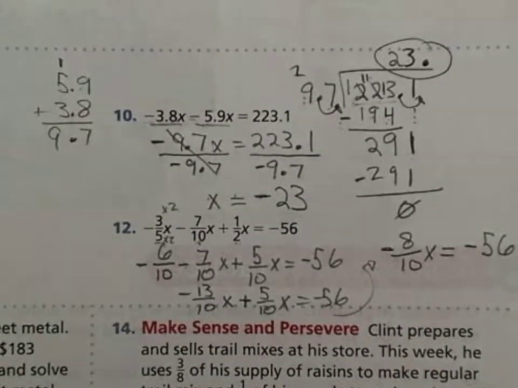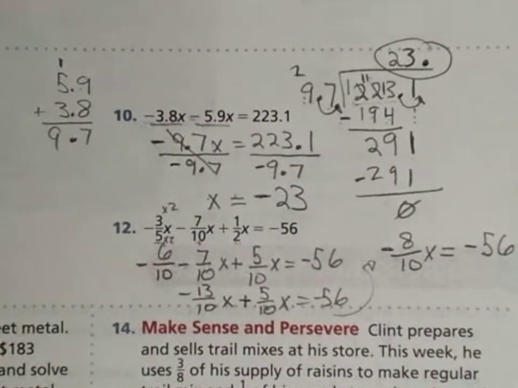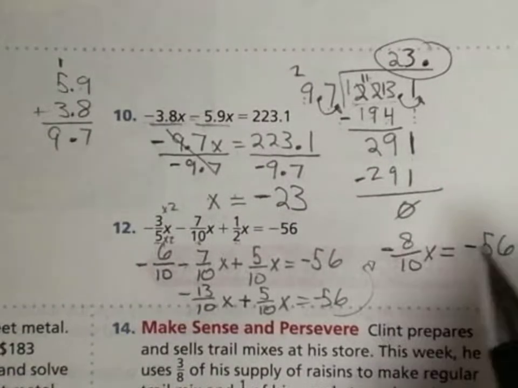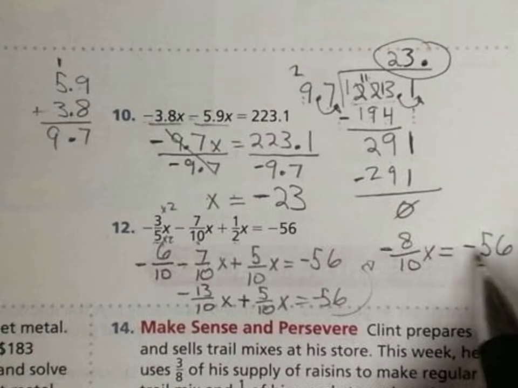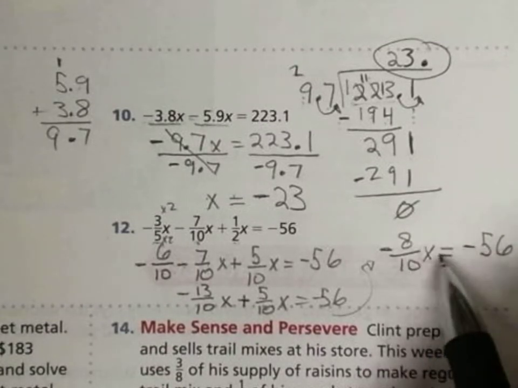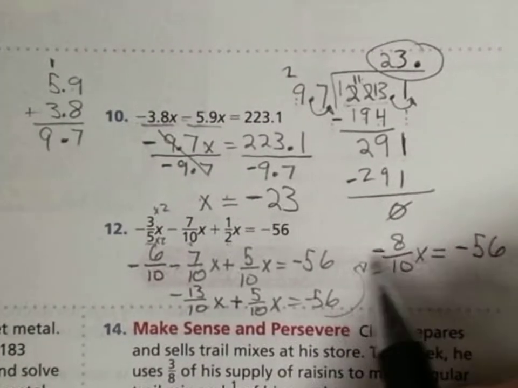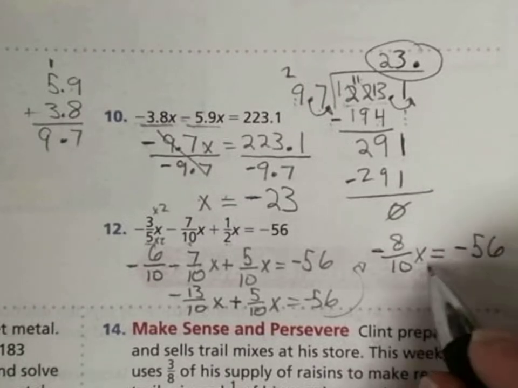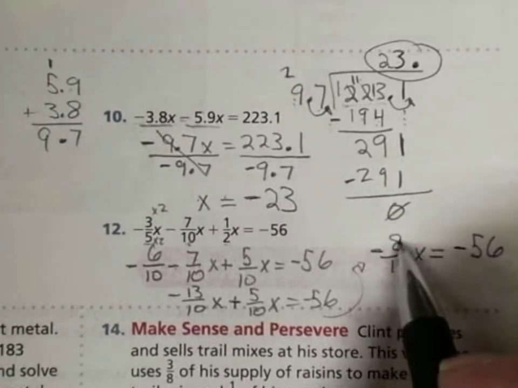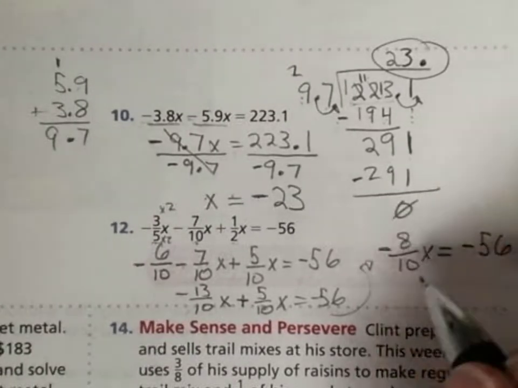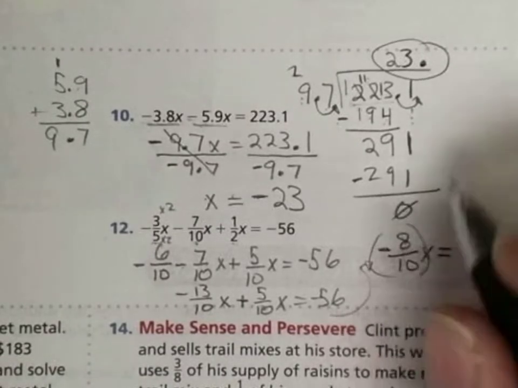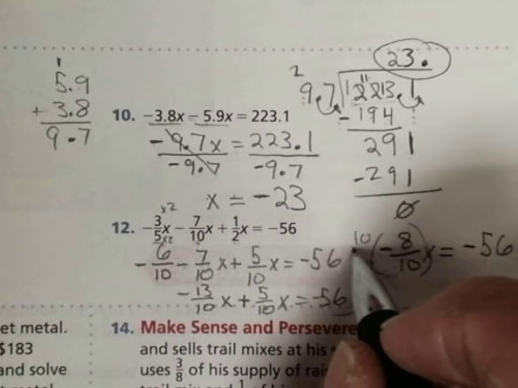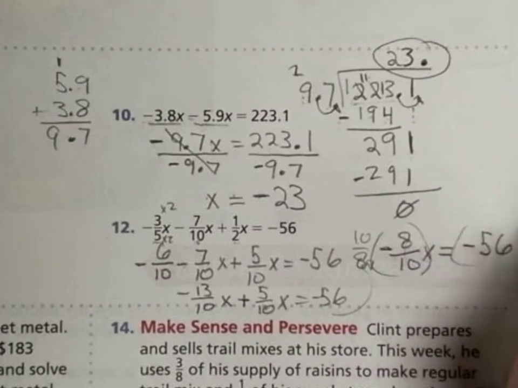Now, I like to simplify fractions where I can, and the other thing I'm going to start looking at is this is a negative and this is a negative. So this is going to have to be a positive, right? So it doesn't really matter. I just need to know that my answer is going to be positive now. So if I can simplify this, or I can just go ahead and multiply by the reciprocal, which will be 10/8. Multiply by negative 10/8 on both sides.